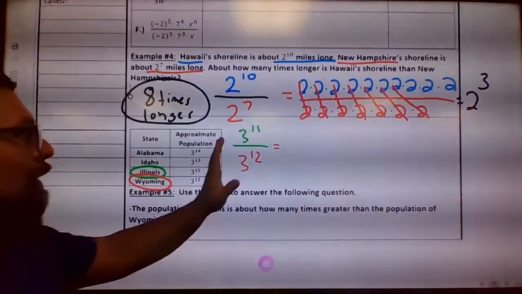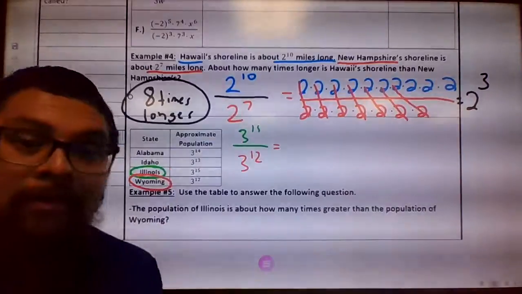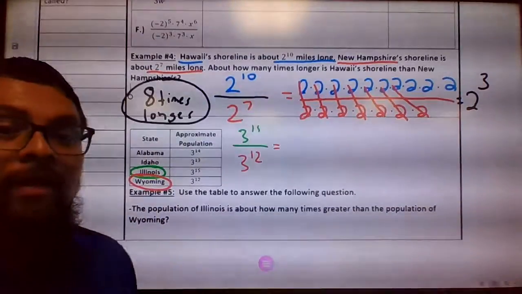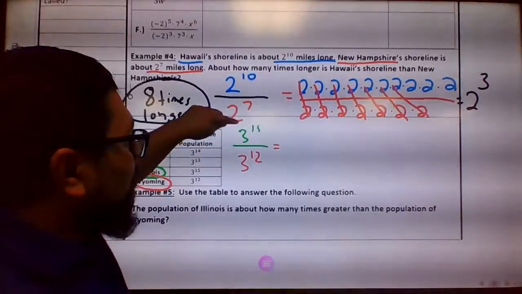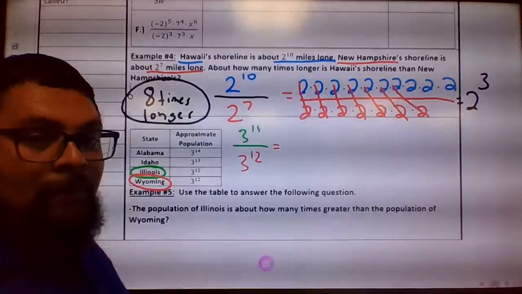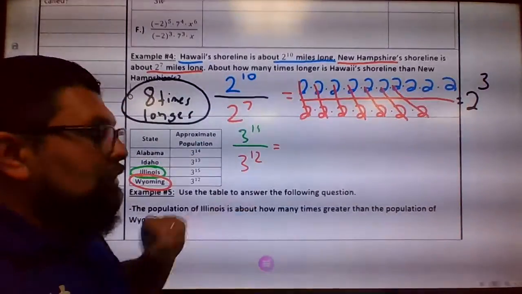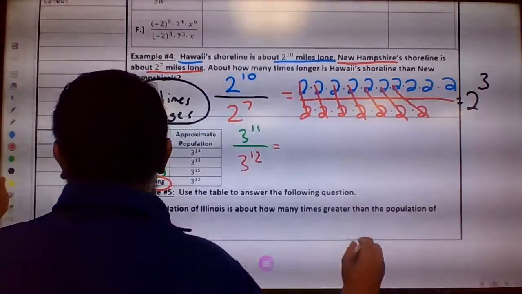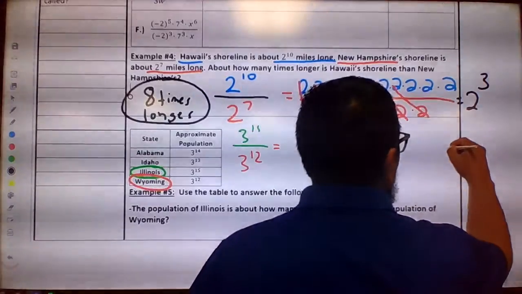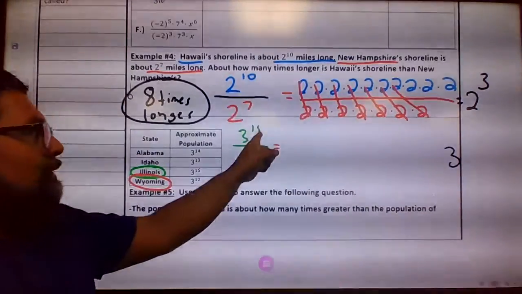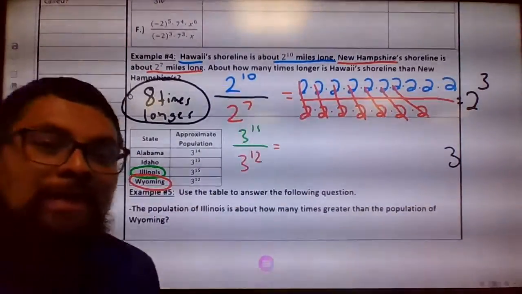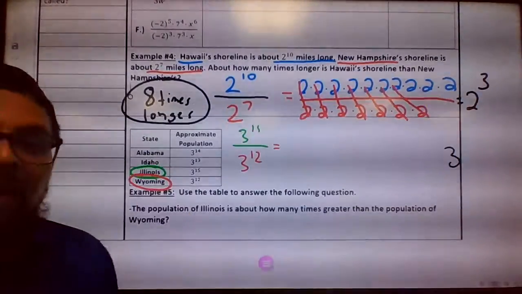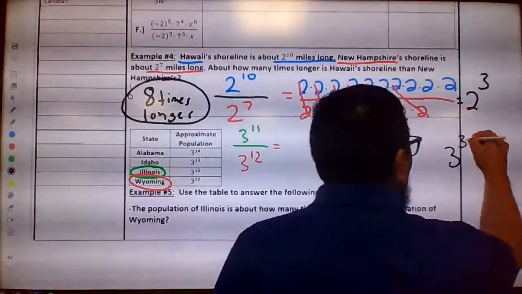Now, go ahead and expand this out if you want to. If not, you can use the shortcut. Remember, I said there's a shortcut. The shortcut is 3 to the 15th and 3 to the 12th. I told you, leave the base the same, and then 15 minus 12. What's 15 minus 12? It's 3, right? So there's your answer.